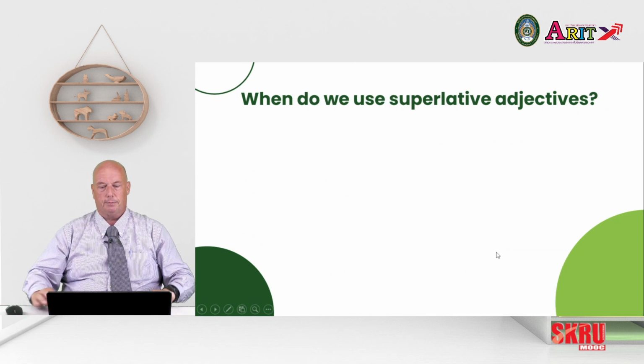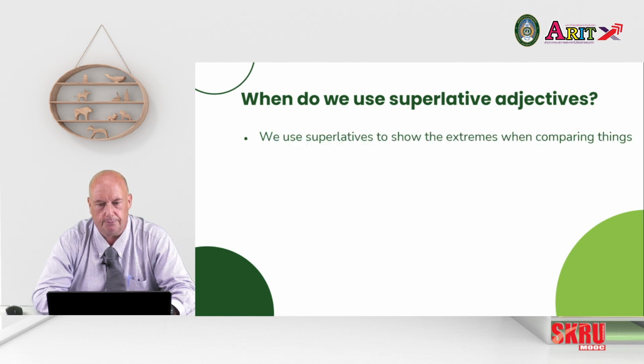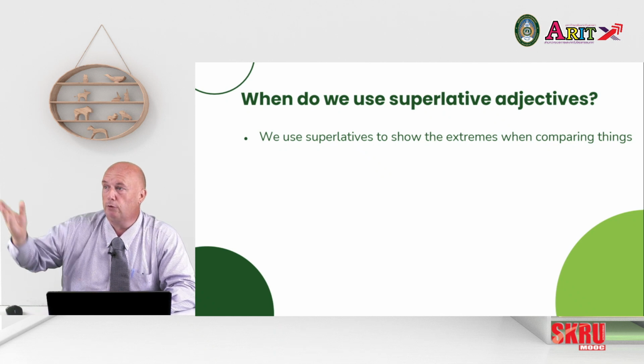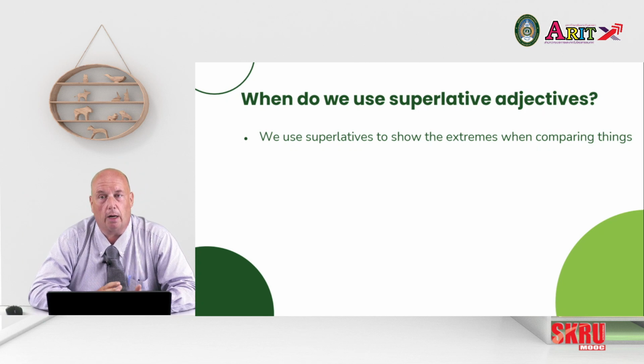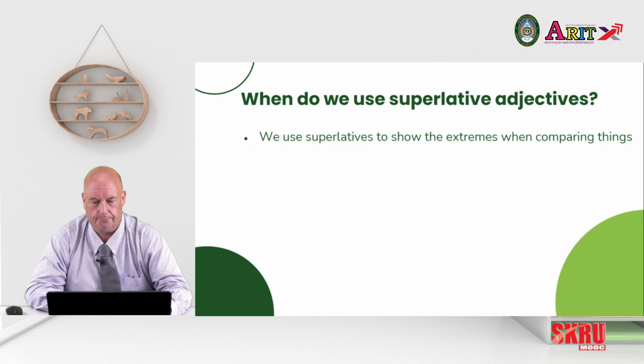With superlatives, this is the extremes of the adjectives. We use that to show the extremes when comparing things. This is a tall tree. Oh, that tree is taller, but there are 100 trees in the forest. If we measure them all, which one is the most tall, the tallest?